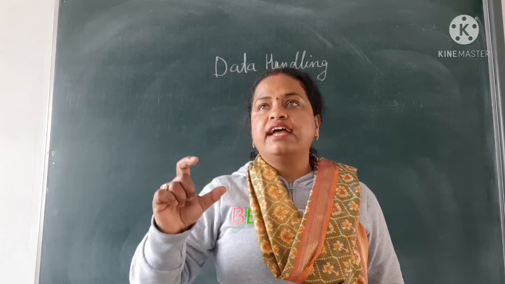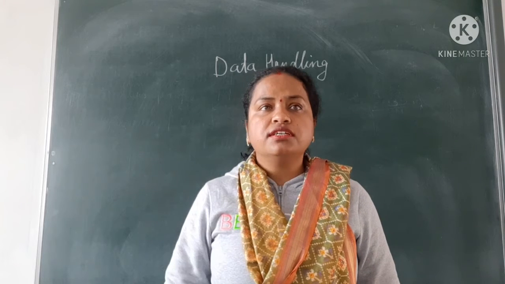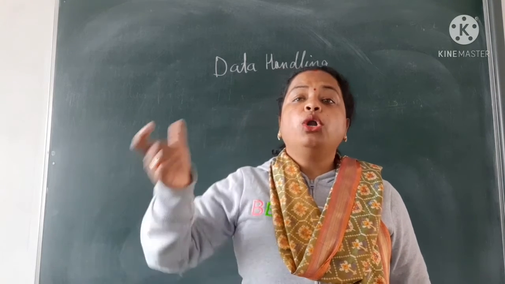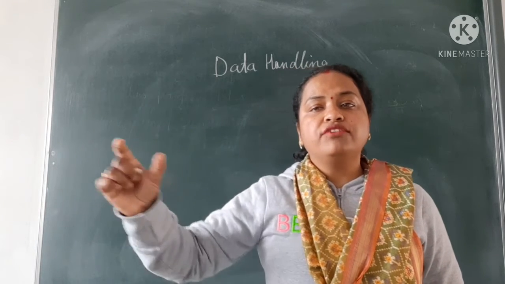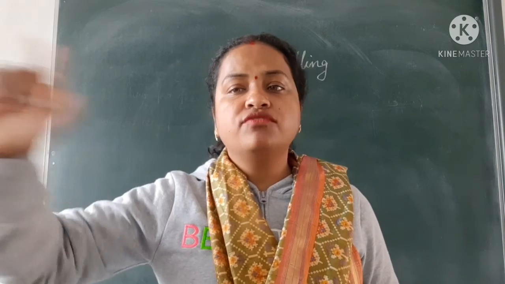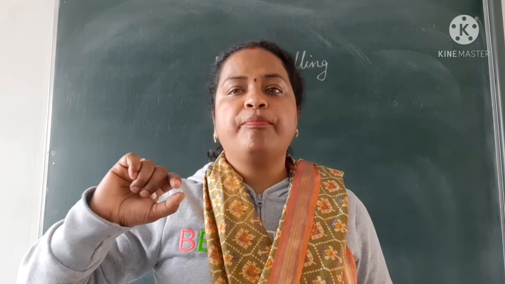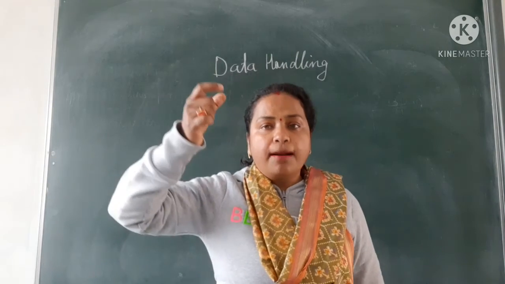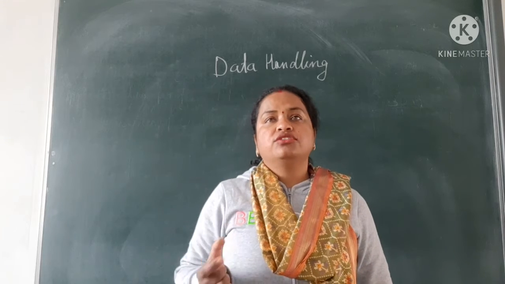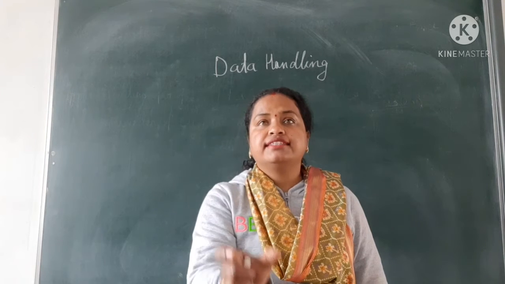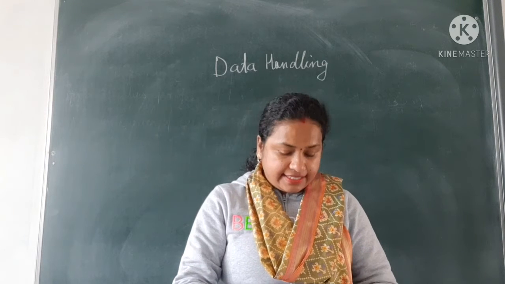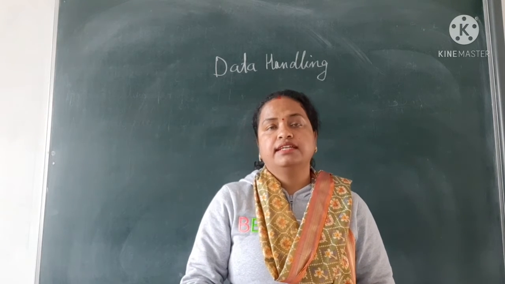Each student will have a different shoe number. So when we take all the shoe numbers together, suppose 5 students bought number 4, 3 students bought number 2, and so on, and all the data is given in one arrangement, that is said to be an array.